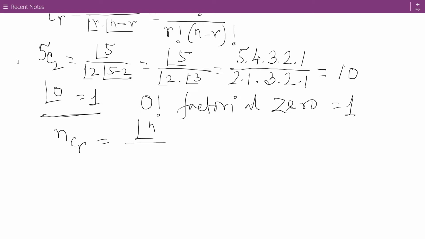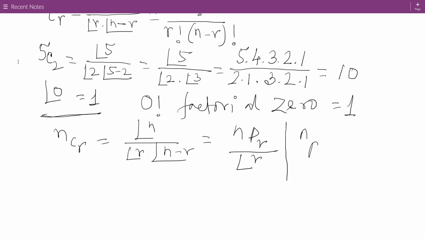You also write nCr as factorial n by factorial r into factorial n minus r, which is written as nPr by factorial r, because in nPr, P is for permutation, factorial n by factorial n minus r.